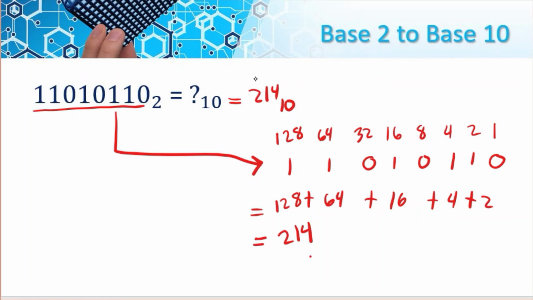Okay, I hope you got the easy solution on how to convert base 2 to base 10. That is all, class. So let's proceed to the next problem or the next conversion. Thank you for listening.